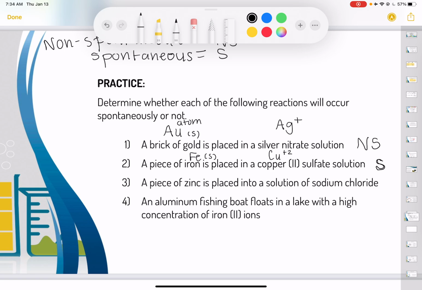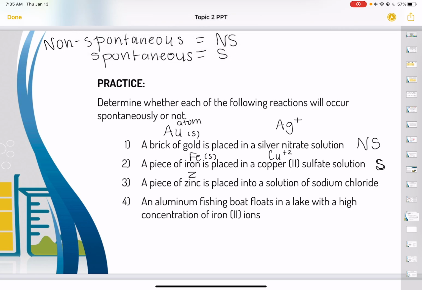A piece of zinc is placed in a solution of sodium chloride. Right, so a piece of something, that's going to be our solid, and sodium is our ion.